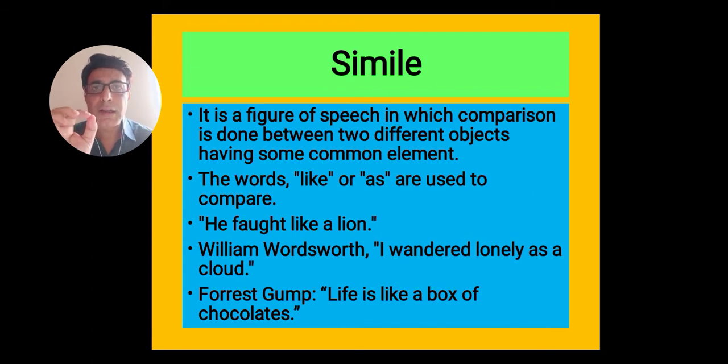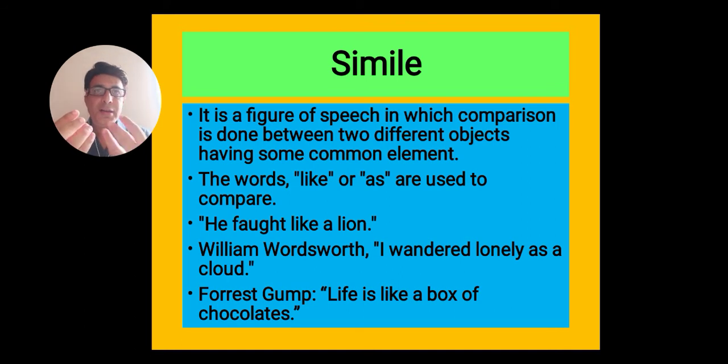Moreover, one very important thing to note about simile is that in simile, the poets use the words like or as for this comparison. Say for example, somebody is fighting and the poet or a person says this sentence: he fought like a lion.